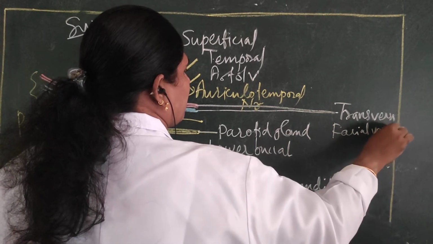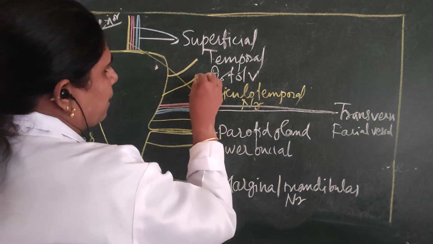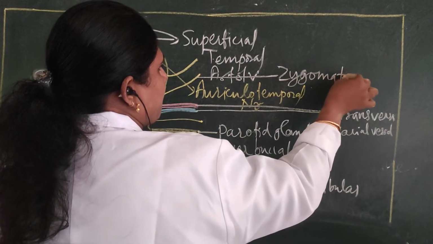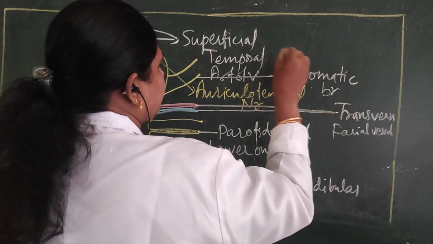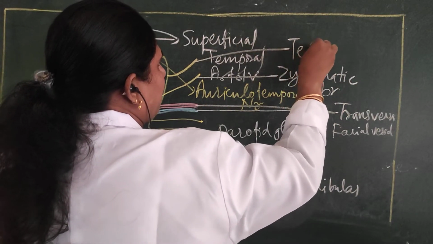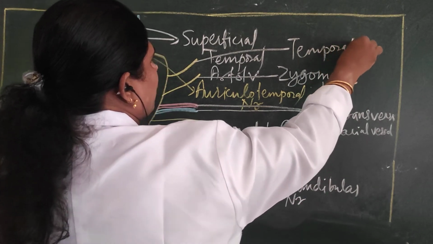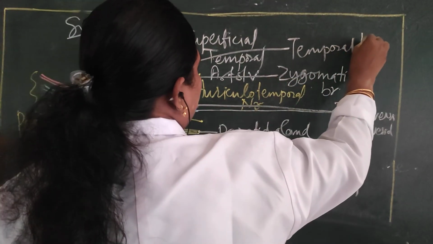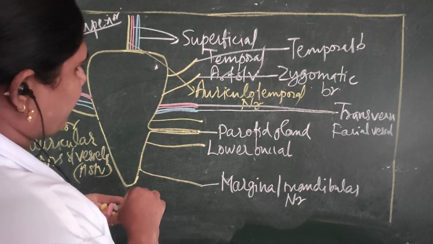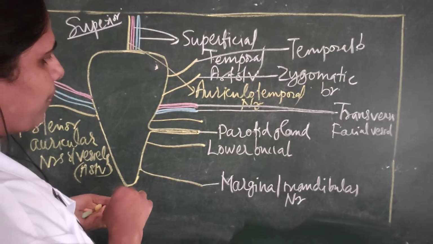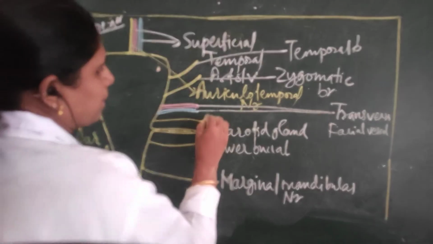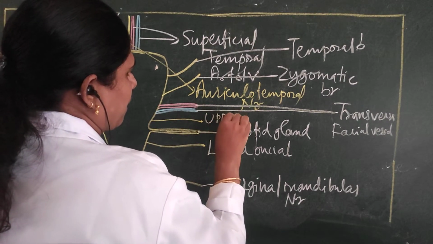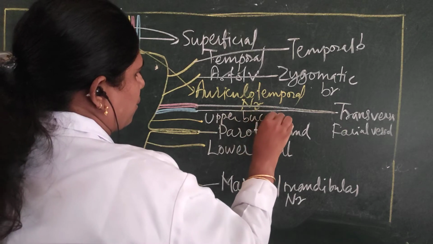We have studied all about the transverse facial vessels. Then the zygomatic branch of the facial nerve, the temporal branch of the facial nerve. Here is the upper buccal branch of the facial nerve.